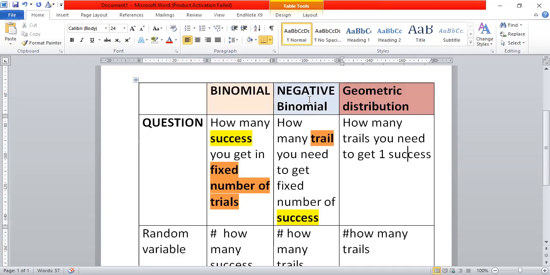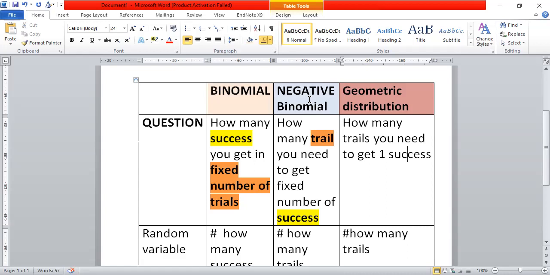When you get the first success, your geometric distribution requirement is fulfilled, right? How many trials do you need to get 1 success? Another example is: how many cars pass to get a yellow car? 1 yellow car, right?